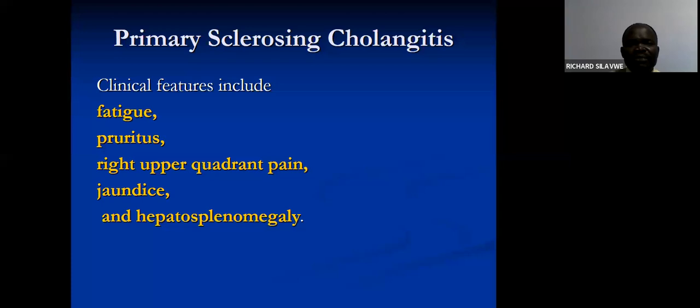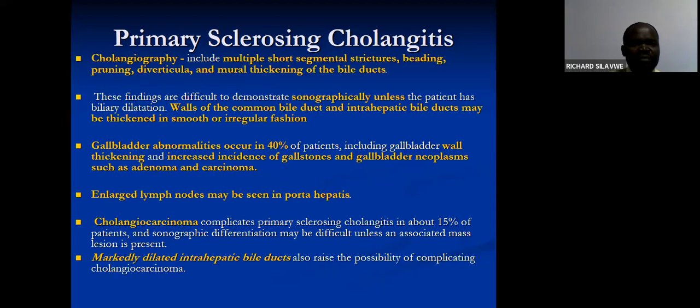Clinical features include fatigue, pruritus, right upper quadrant pain, jaundice, and hepatosplenomegaly. Cholangiography findings include multiple short segmental strictures, beading, pruning, diverticula, and mural thickening of the duct.